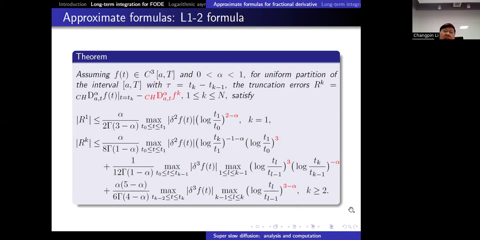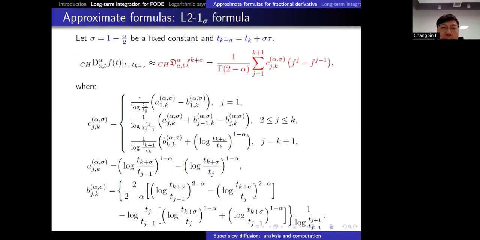We will introduce another kind of approximate formula. This is sigma. Sigma is positive since alpha is in the interval from 0 to 1. So t sigma, that is tk plus sigma, is not an integer node. We want to determine its value. We use the summation formula to approximate, with the coefficients defined as follows.